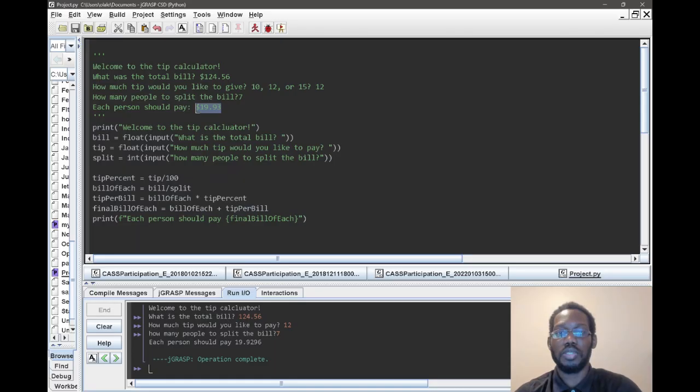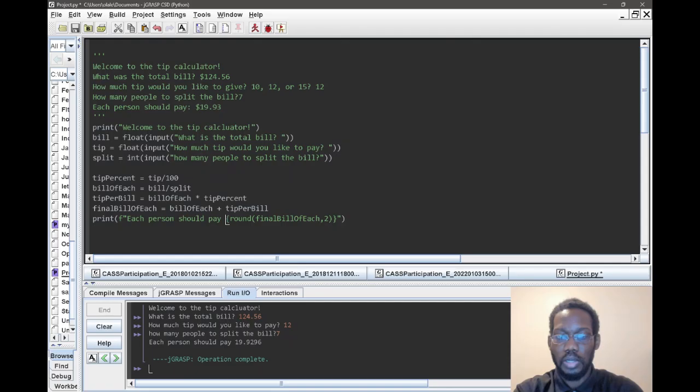So we'll fix that right now. Let's use the round function, and we'll make it 2 decimal places, as well as put the dollar sign beside it.